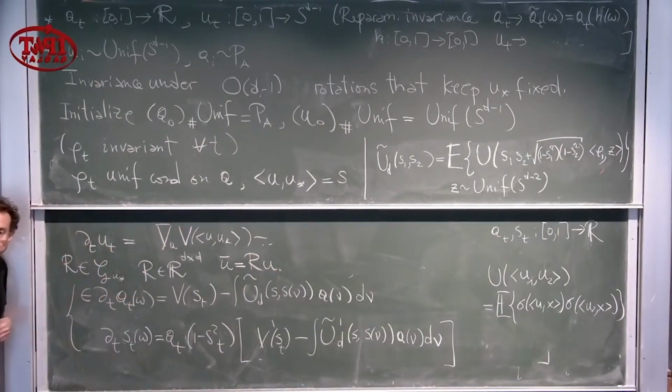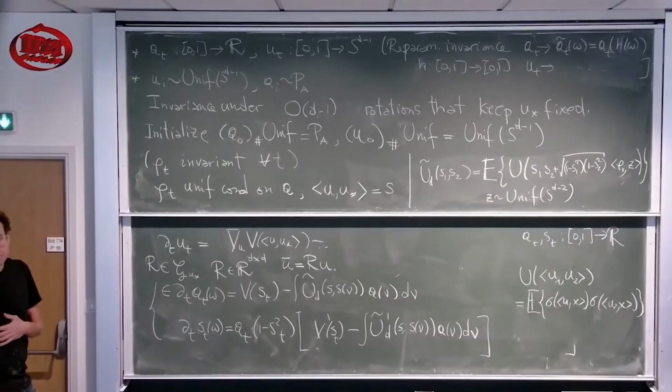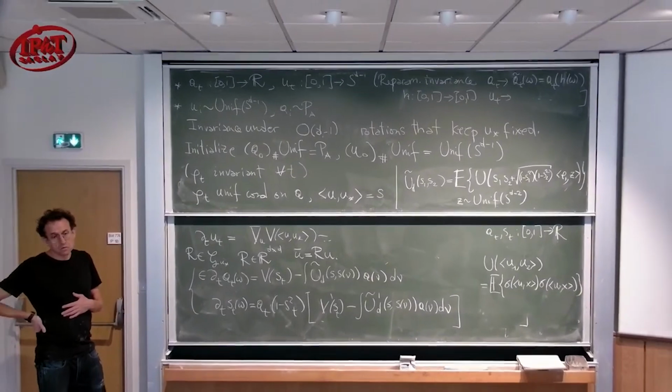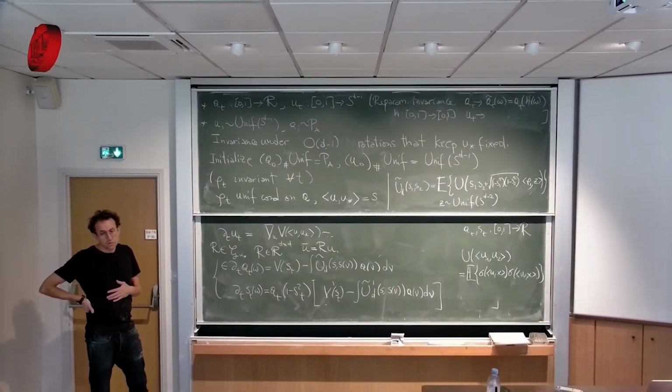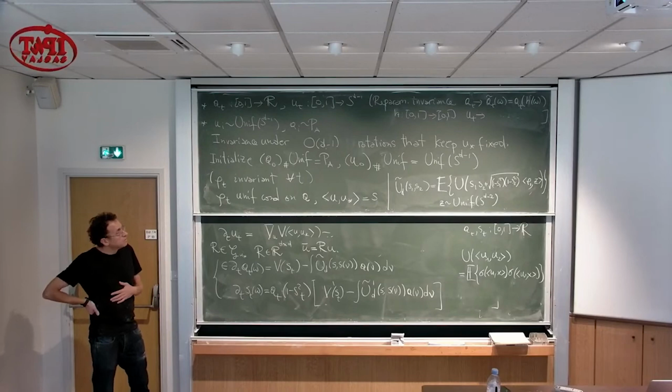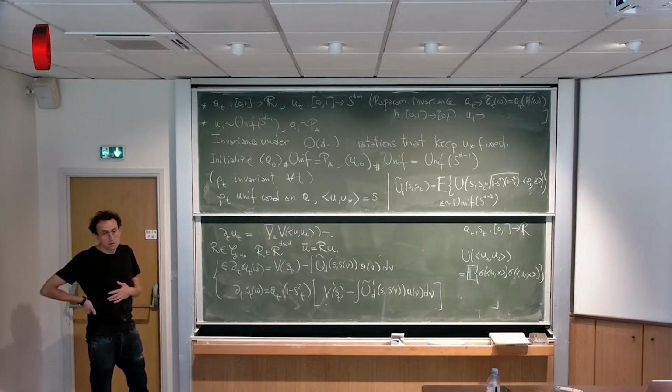If I look at the previous equation, there is no derivative term with respect to omega anywhere. This doesn't involve any derivative of h of omega. If it were the case, then you would need some regularity in h. There is no derivative.